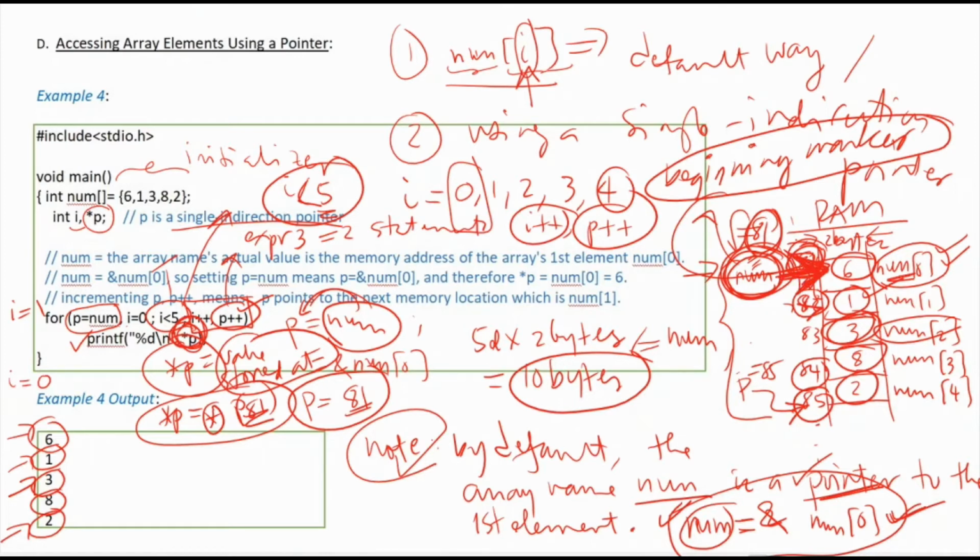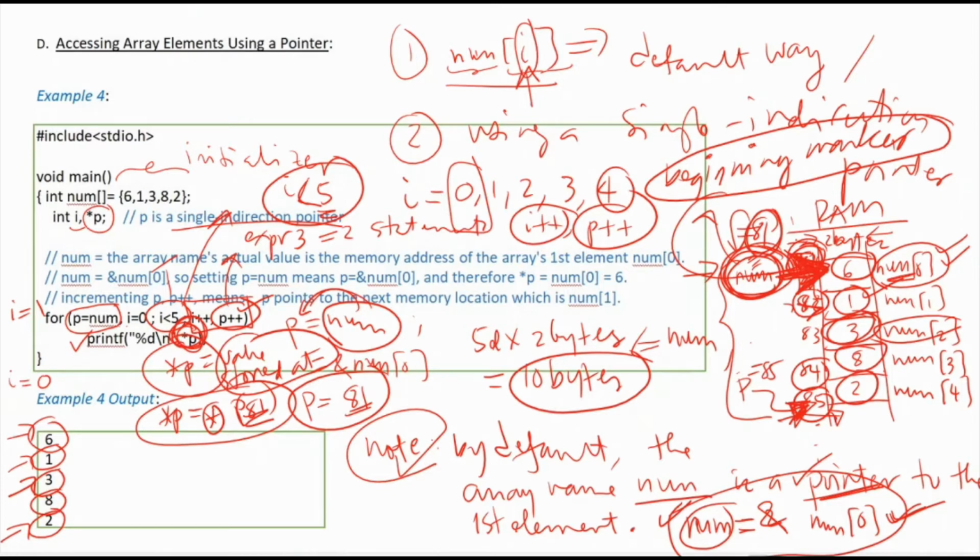If you're going to increment num instead of using another pointer P, you are moving num to the last part of the array. Take note that when the for loop ends, the position of num, if you are going to increment it, would be pointing to the tail part of the array, or the location after the last element.